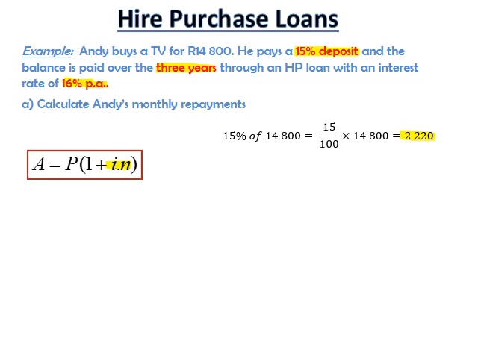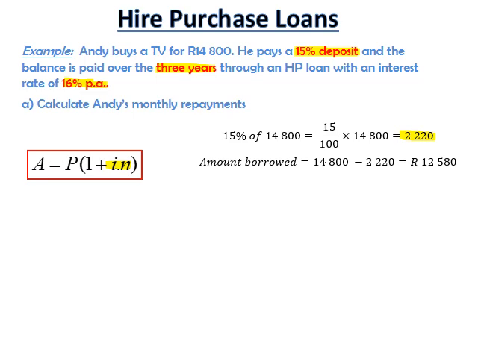So 2,220 Rand is the deposit amount. Now, if you have already paid 2,220 of 14,800, you're not going to make your P 14,800 because you've already reduced that amount by 2,220 Rand.